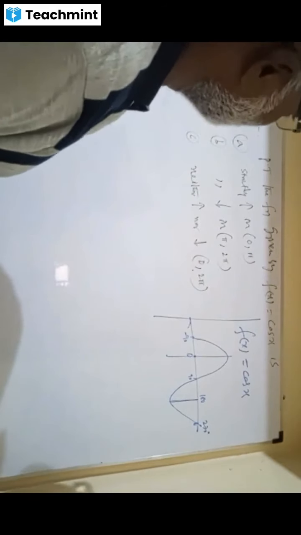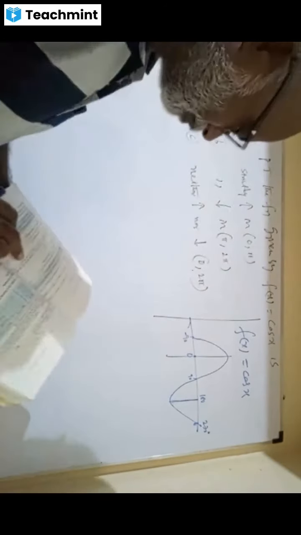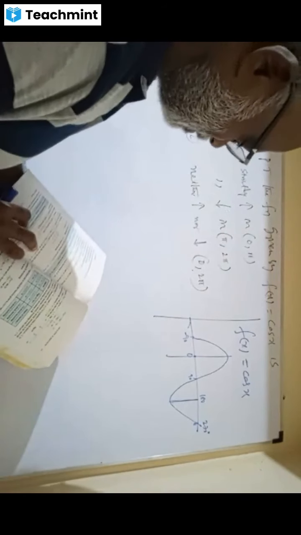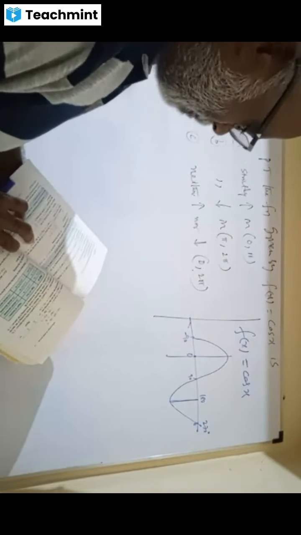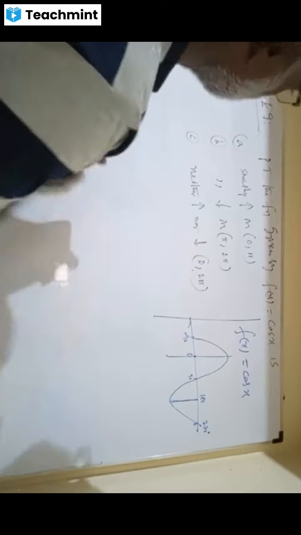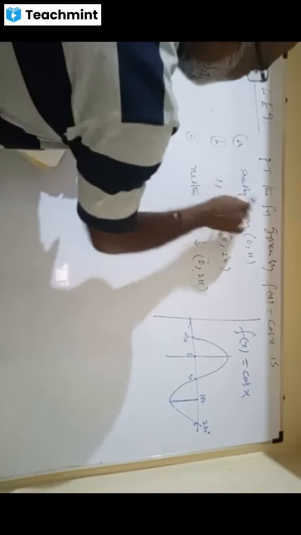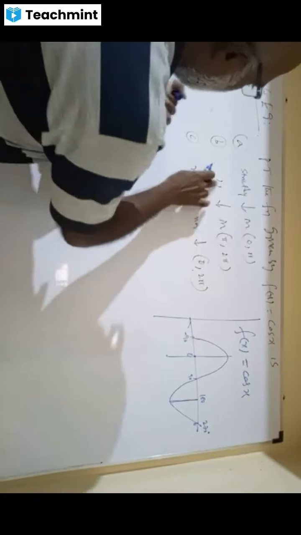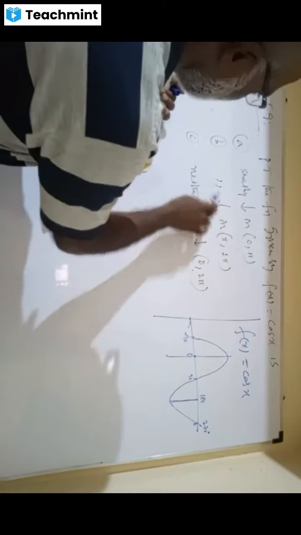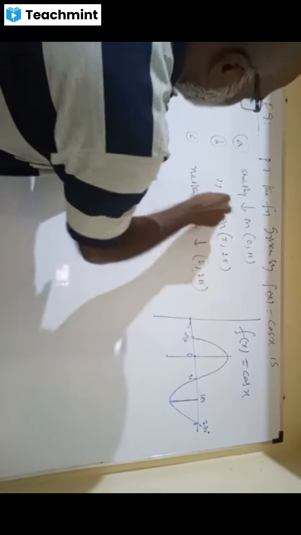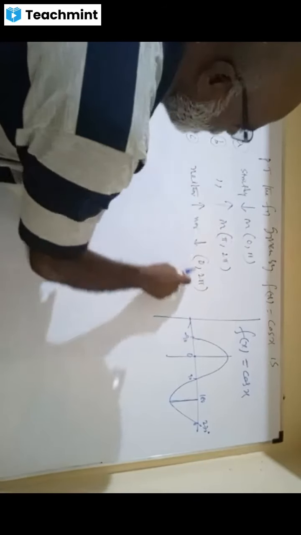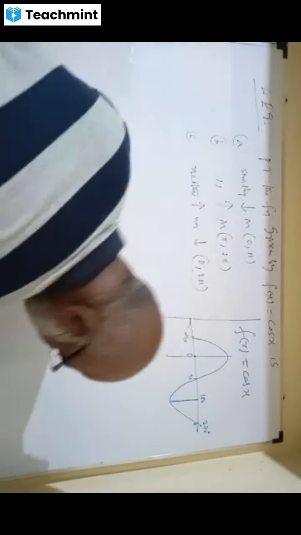Cos function only, f of x equal to cos x. Strictly decreasing in 0 to pi and strictly increasing in pi to 2 pi, and neither increasing nor decreasing in 0 to 2 pi.